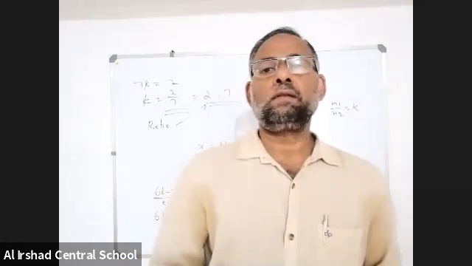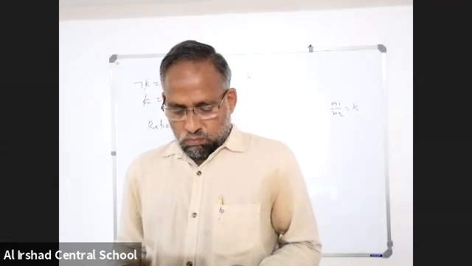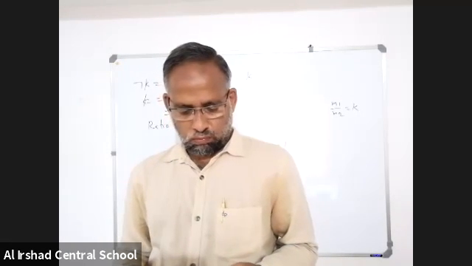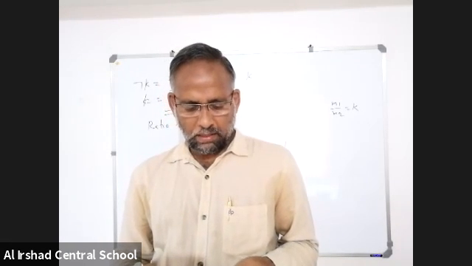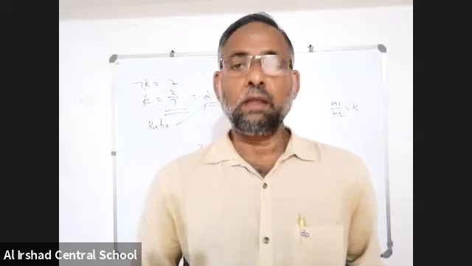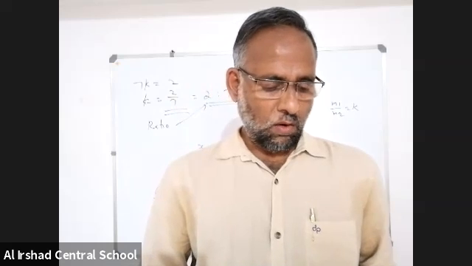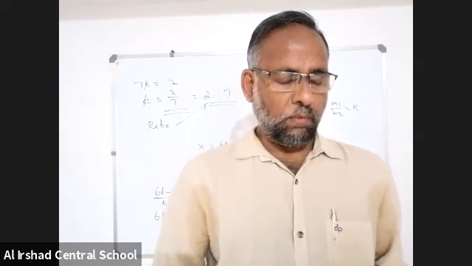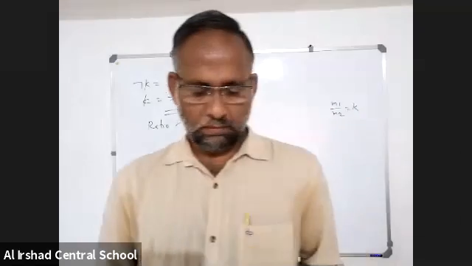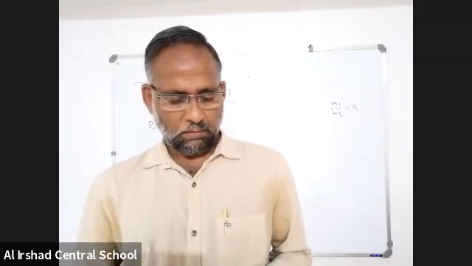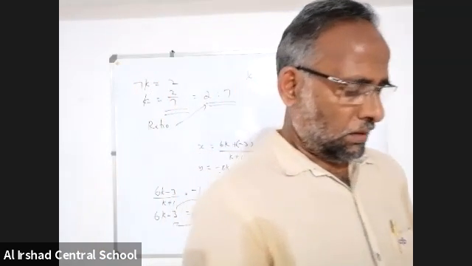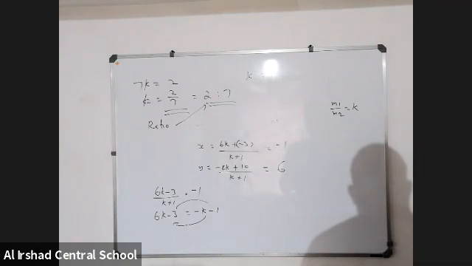Okay, see the question. Find the ratio in which the line segment joining 1, minus 5 is divided by the x-axis. Also find the coordinates of the point of division. X-axis means what can we say? X-axis, y coordinate, y is equal to 0.